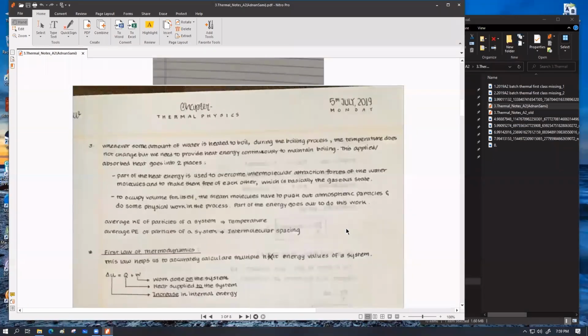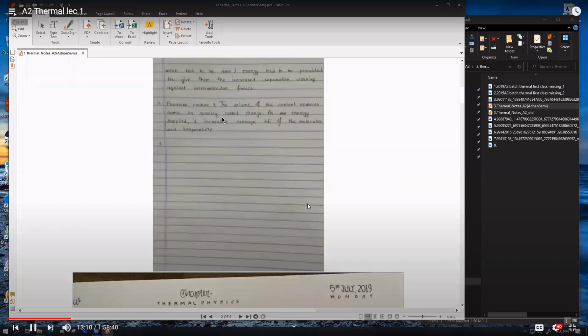So for a fixed amount of gas, pressure in gas is expressed by the rate at which particles are going to have random collisions per second, multiplied by the force, similar to this idea but not essentially the same.